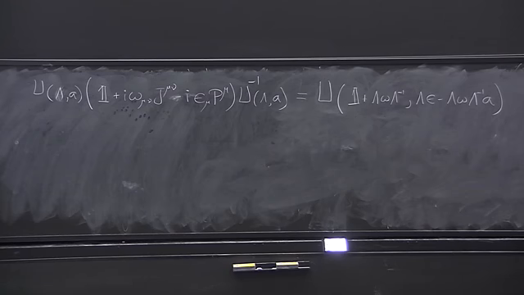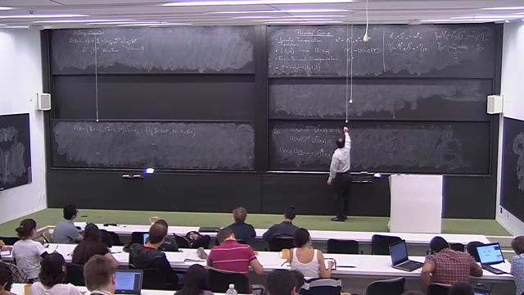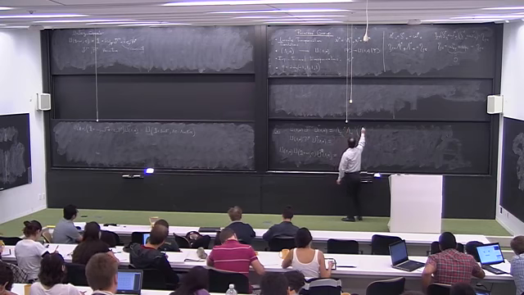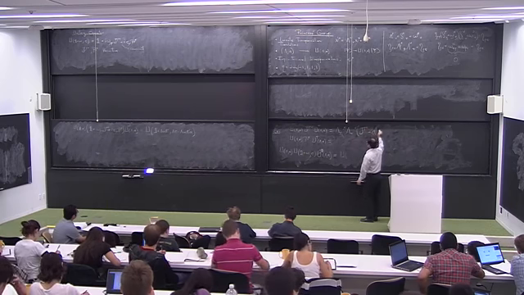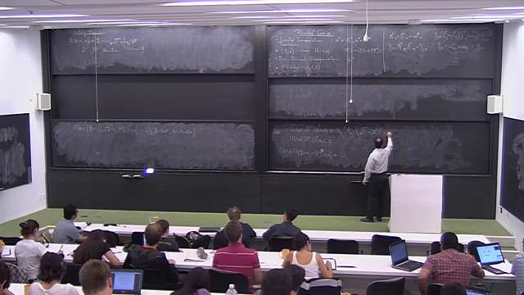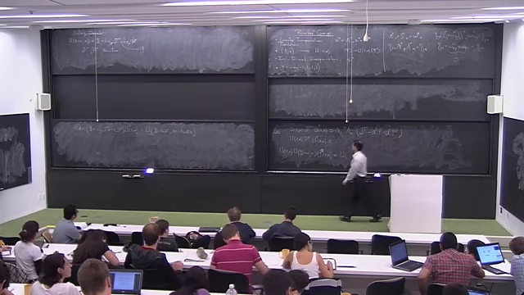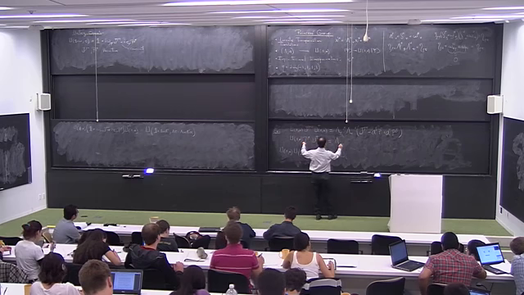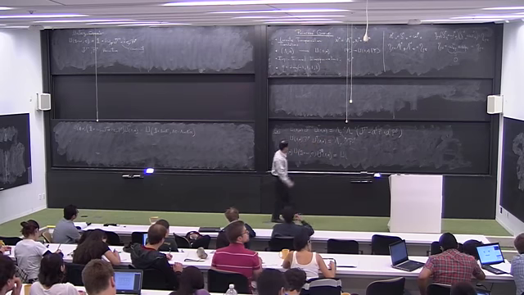So when we do this one, what we find is something of this form. And when we do this one, what we find is simply this.